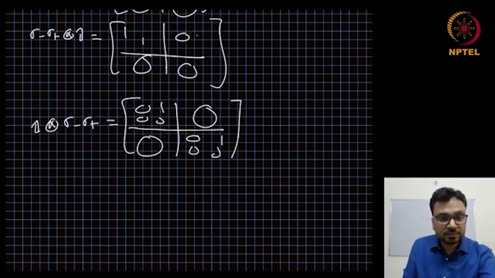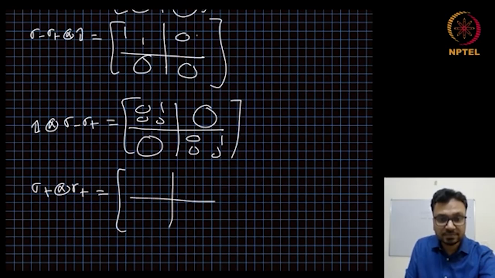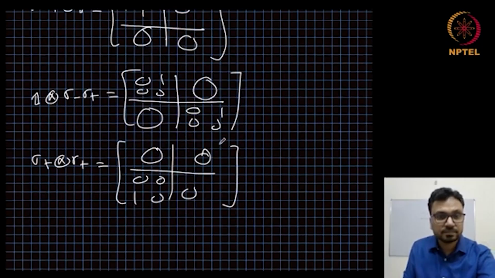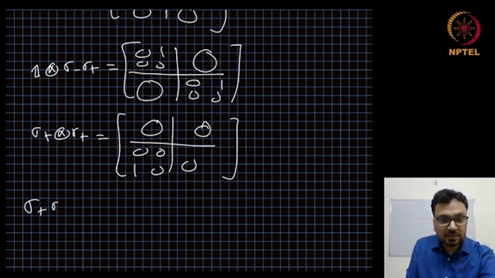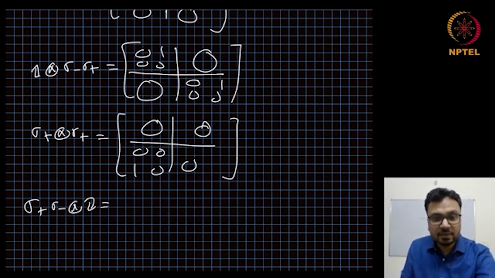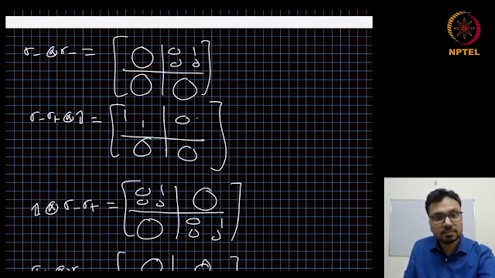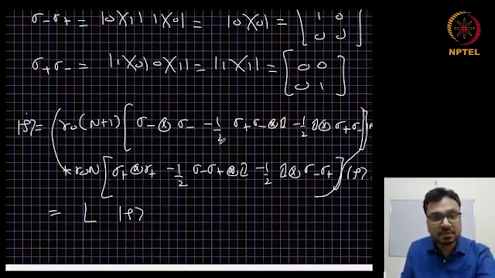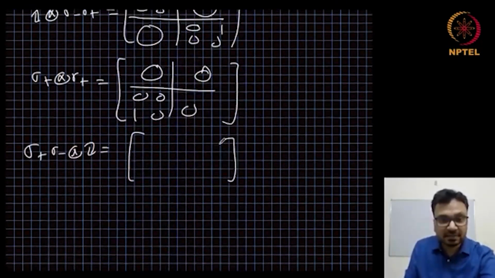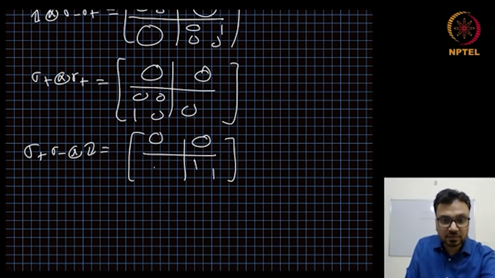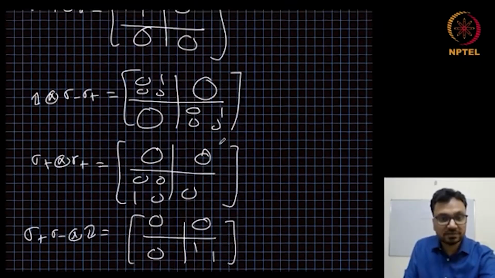Now let us calculate the others also. Sigma plus tensor sigma plus will be easy to calculate, 0 0 1 0, and everything else is 0. Sigma plus sigma minus tensor identity will be just the opposite of this.